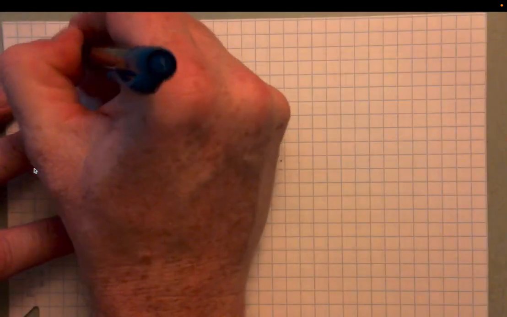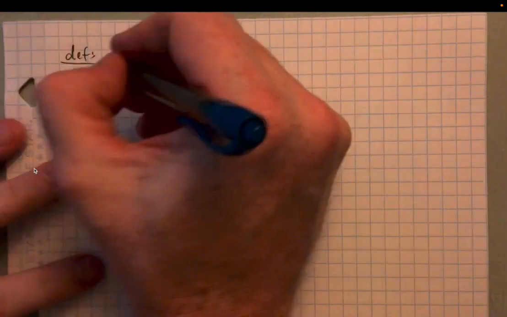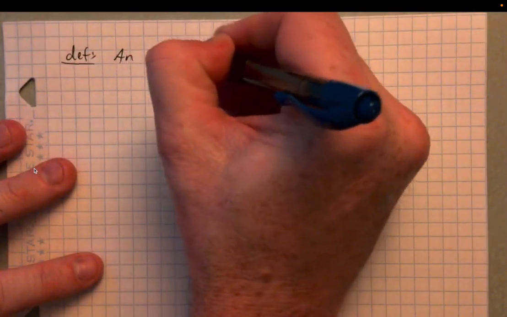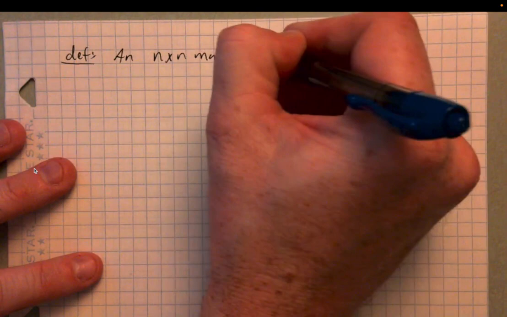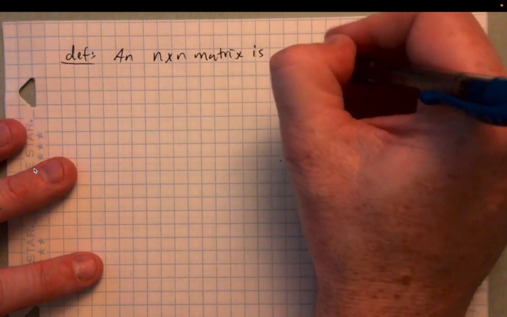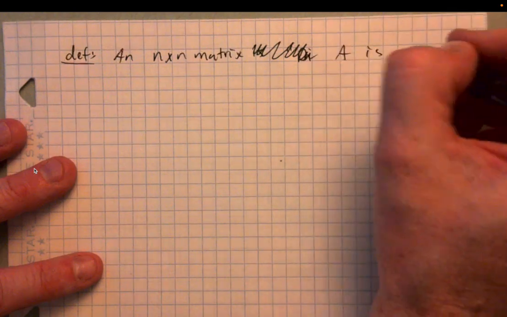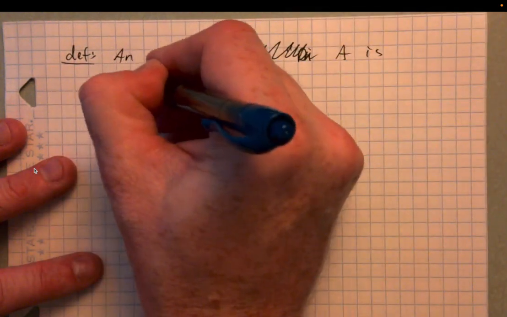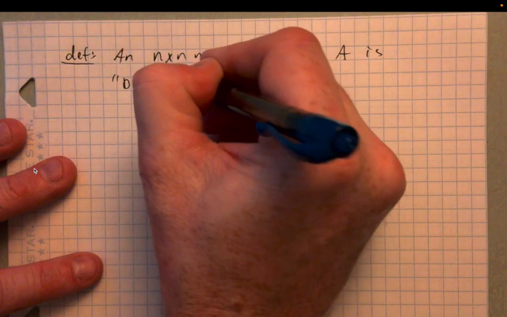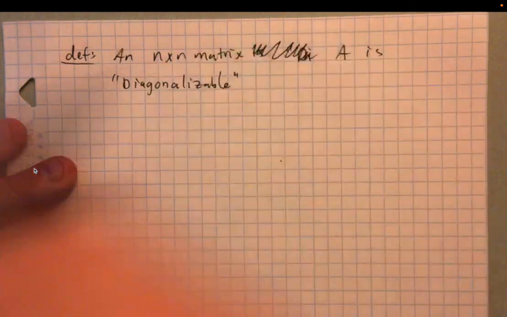And so we haven't actually formally defined diagonalizable, but let's do it now. An n by n matrix A is diagonalizable, right?